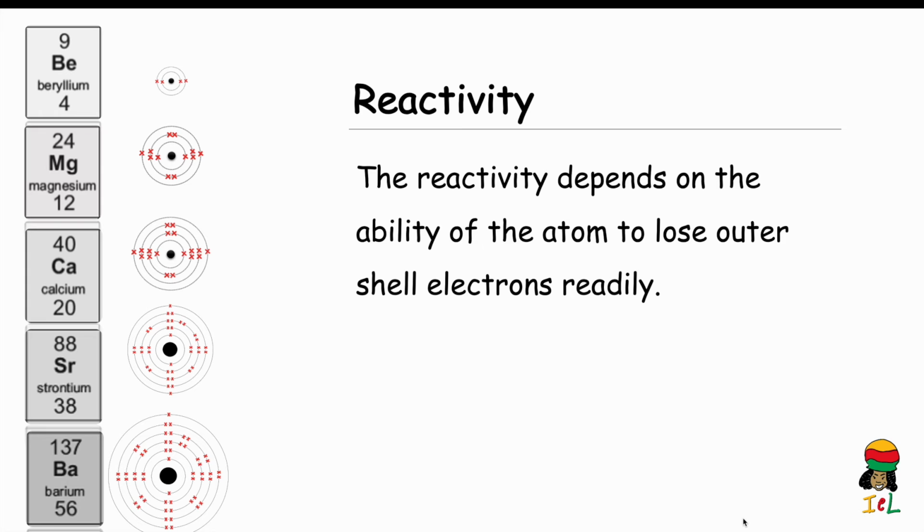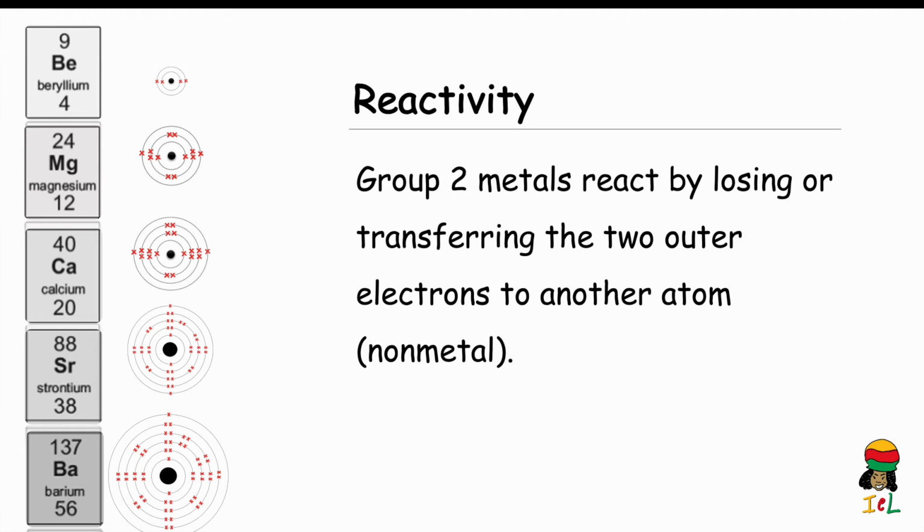The final group 2 trend we will examine is reactivity. And as we learned earlier, the reactivity depends on the ability of the atom to lose outer shell electrons readily. And in the case of group 2 elements, it's losing those 2 outer shell electrons. So group 2 metals react by losing or transferring the 2 outer shell electrons to another atom, which is usually a non-metal.